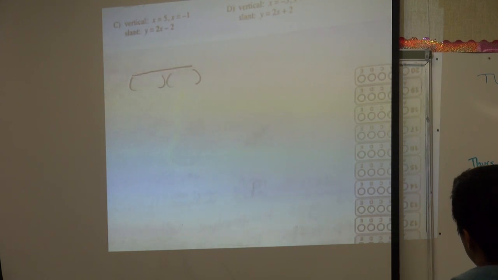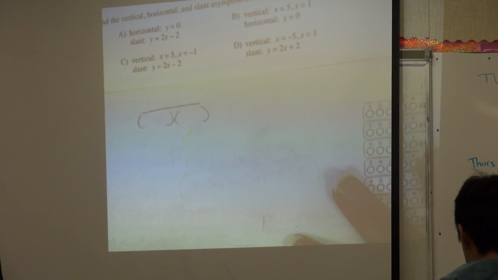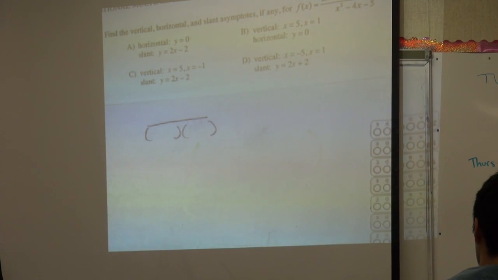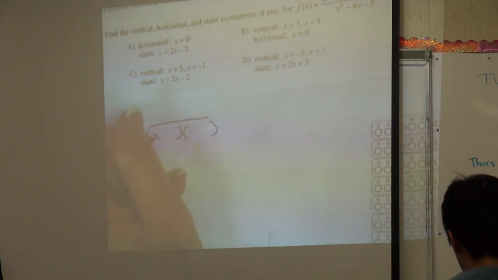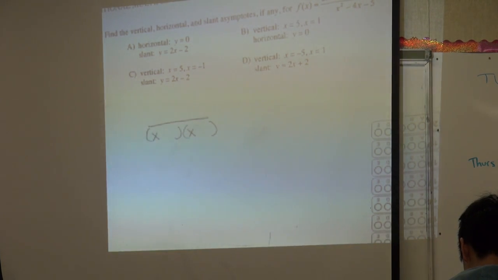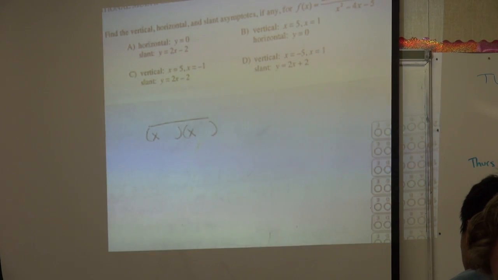All you have to do is factor x squared minus 4x minus 5, getting x minus 5, x plus 1, sorry.